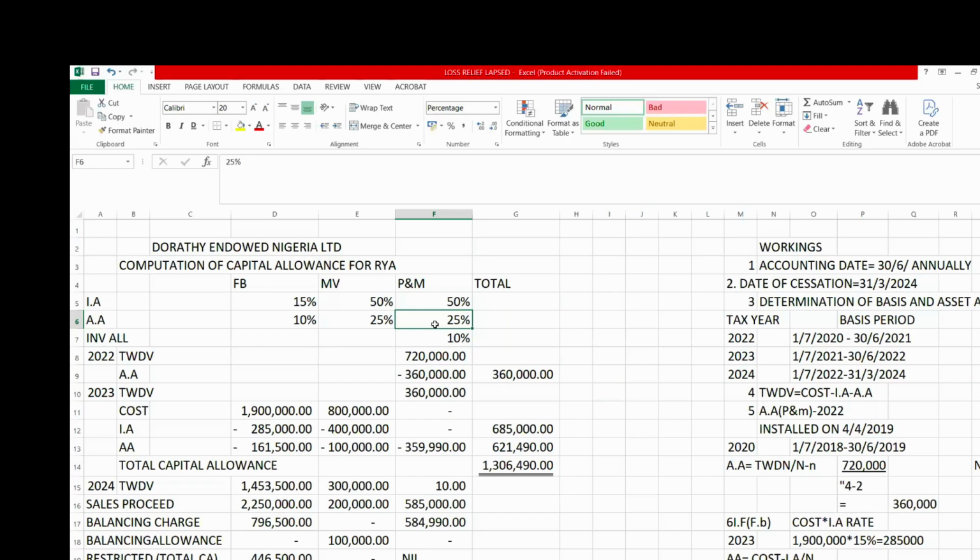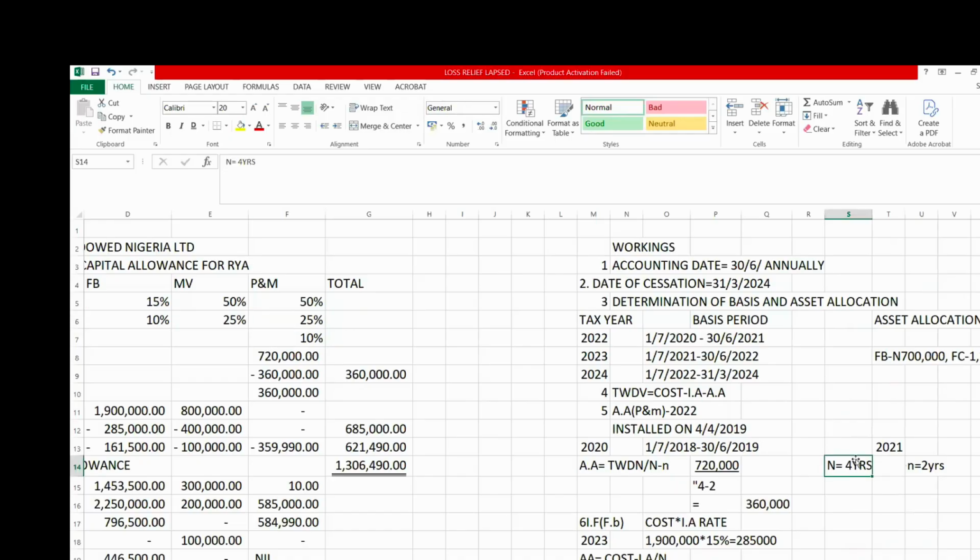If I'm going to be claiming 25% every year, how many years is it going to take me to claim 100%? That will be 100 divided by 25. So that is how we got these 4 years.